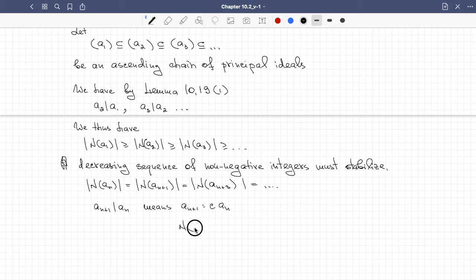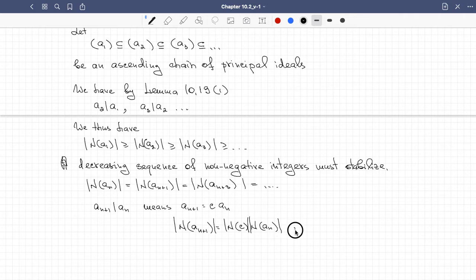The norm of an plus 1 equals, norm is multiplicative, the norm of c times the norm of an. We can take absolute values everywhere, and these two norms are equal, an plus 1 and an.